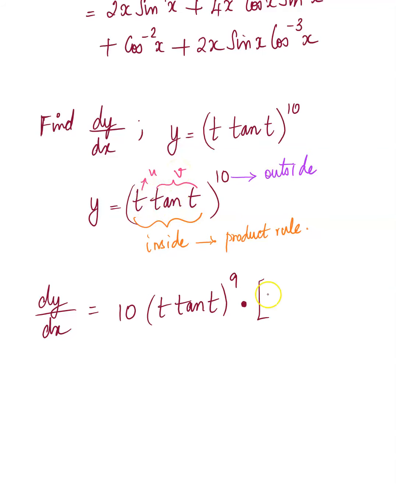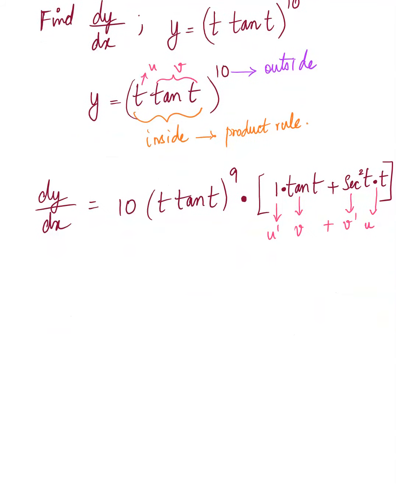Okay, u prime v, so 1 times tan t plus v prime u. Derivative of tan is secant squared t times t. So u prime v plus v prime u. So I'm going to show that here. U prime v plus v prime u.